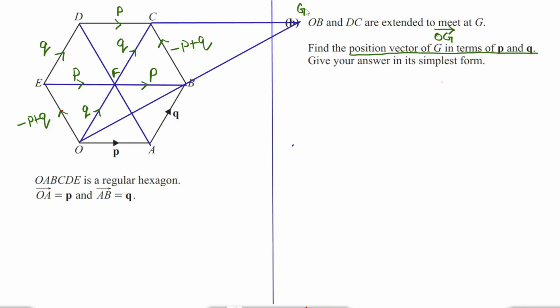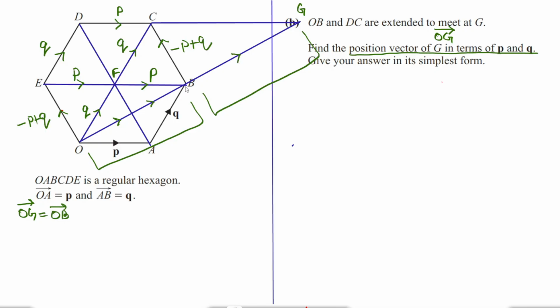To find OG, we can divide the OG part into two sections. OG is OB plus BG. See carefully, OB, we put the arrows here.